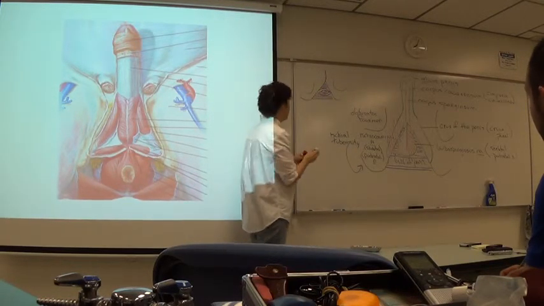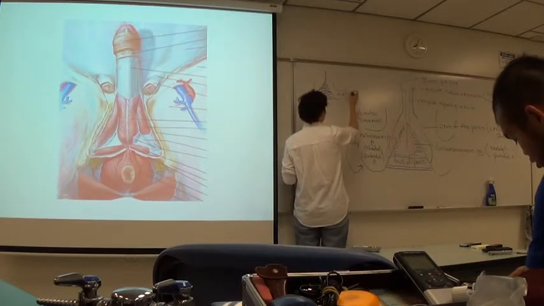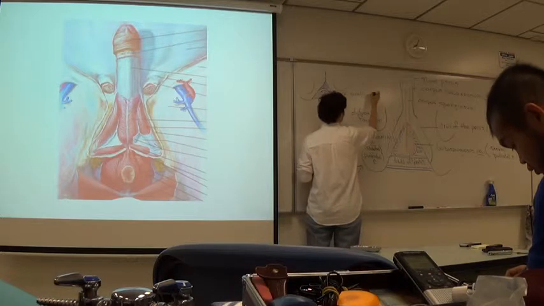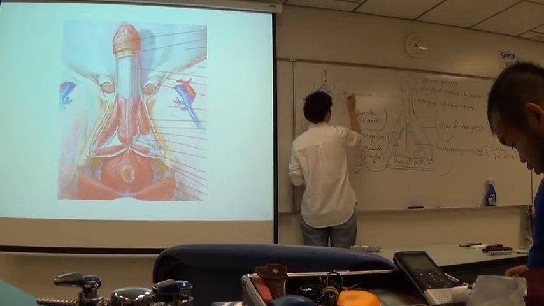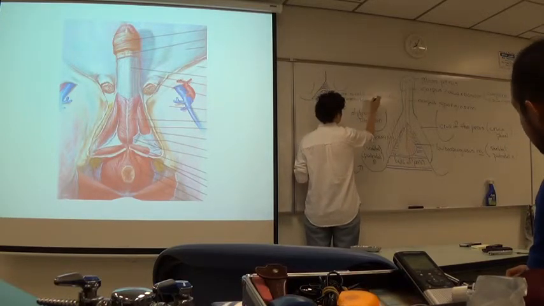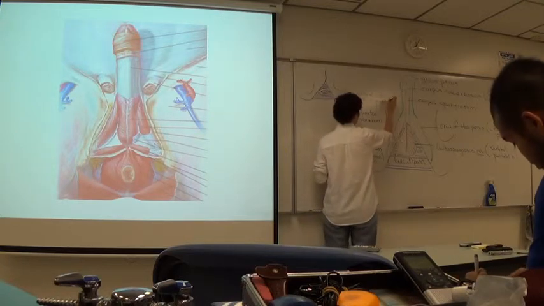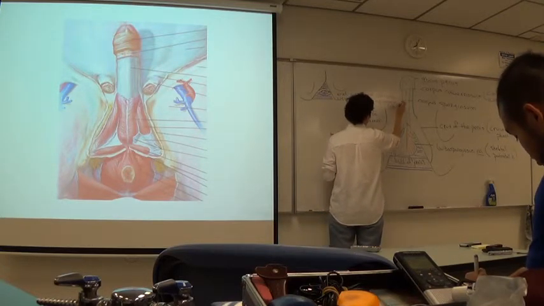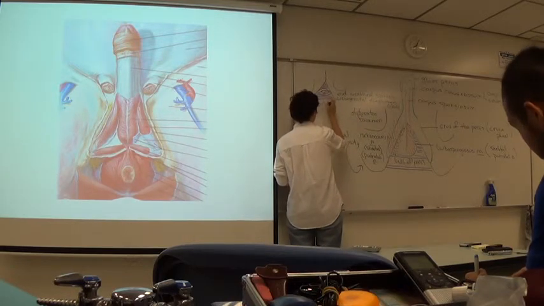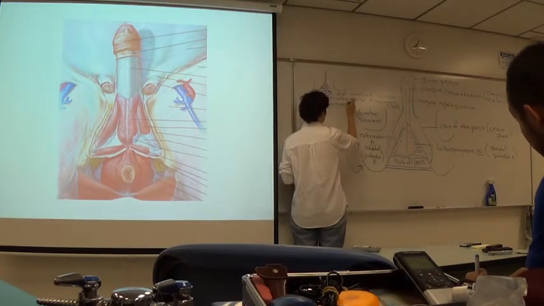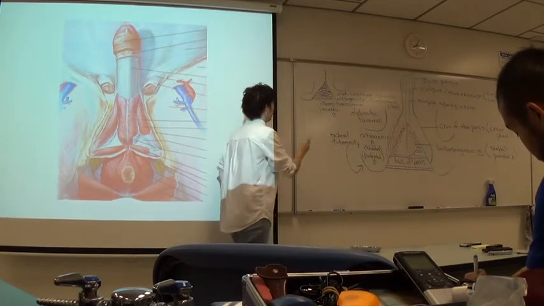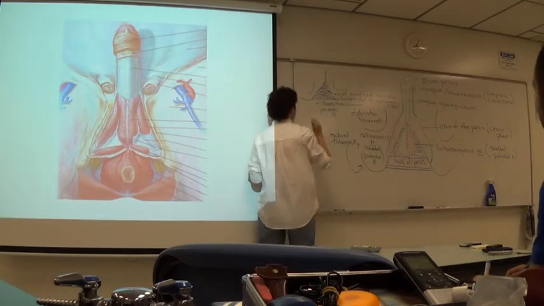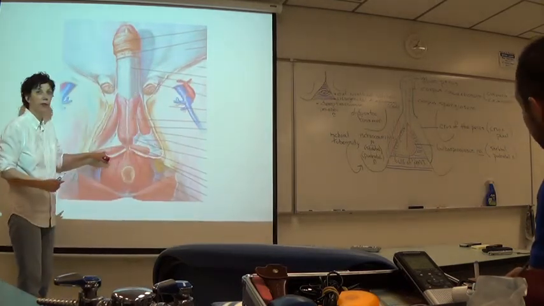And that is the external urethral sphincter, also known as... One right here is called the superficial transverse perineal.